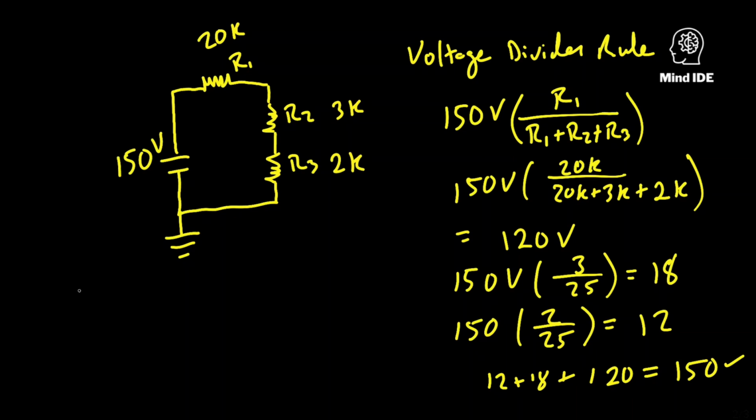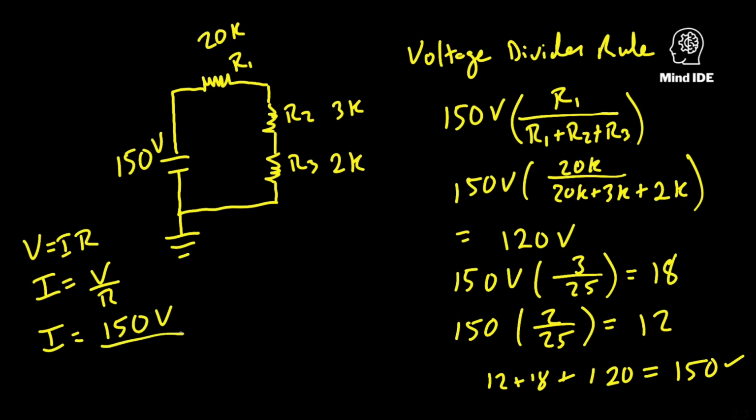So you start with V equals IR, divide by R. So then I is V over R. I is equal to 150 volts divided by 25 kiloohms, which is 150 over 25 is 0.006 amps, which again is going to be 6 milliamps.